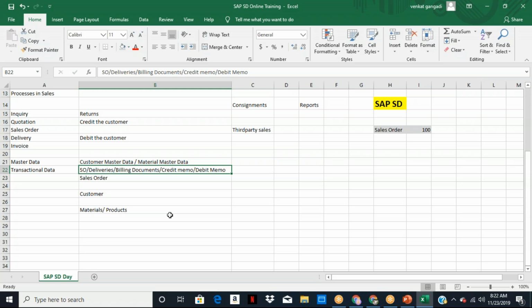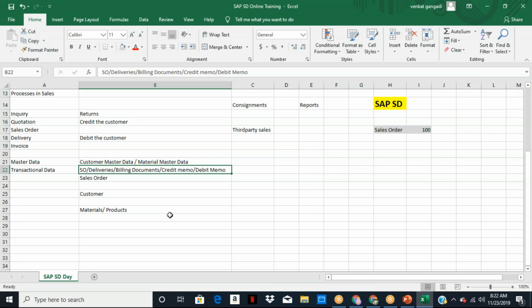This is day to day, not forever. Once you create it, it will be there, but you create these transactions on a daily basis based on your customer requirements. If the customer asks for 100 quantity, you create one sales order today. If the customer orders one more order with 50 quantity, you create one more sales order tomorrow. Like this, the transactional data changes from day to day.